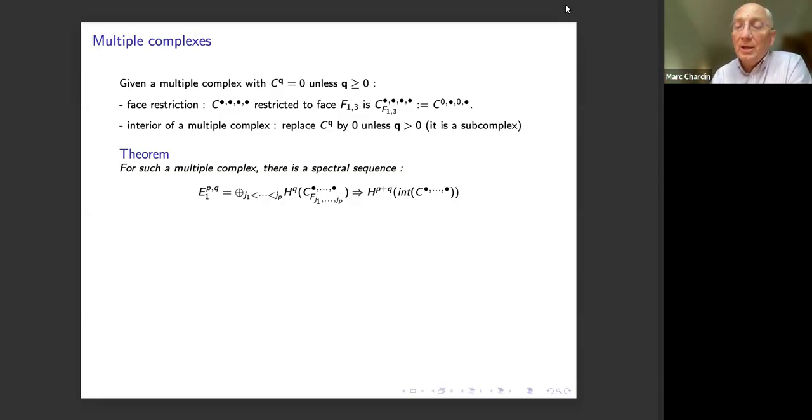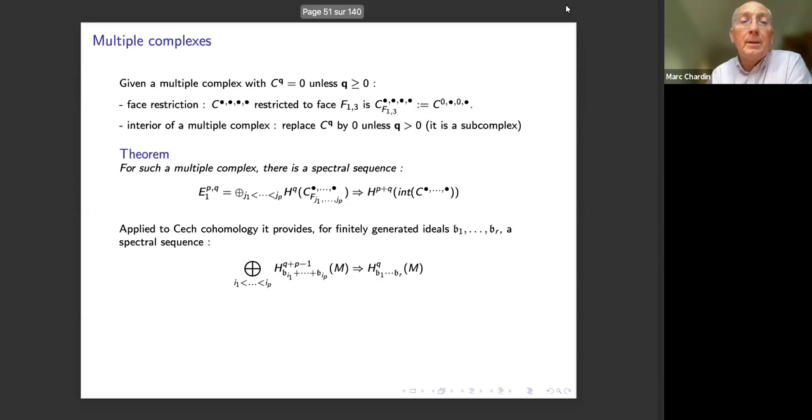So that's a general thing. If you apply this to Čech homology, you get a spectral sequence that comes from the homology in the sums and goes to the homology of the product. That's one application. This spectral sequence was already built by Lyubeznik some years ago, so that's not a new thing, but the process here of obtaining it is a bit different.